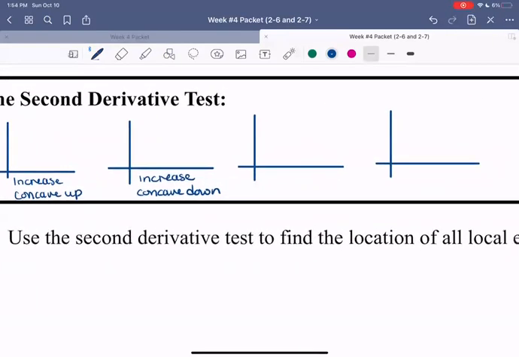In this next axis, I'd like you to draw 2 different graphs that both decrease. In the first one, try to draw a graph that decreases in a way that's slowing down, so the amount of decrease gets smaller and smaller, which we call concave up.